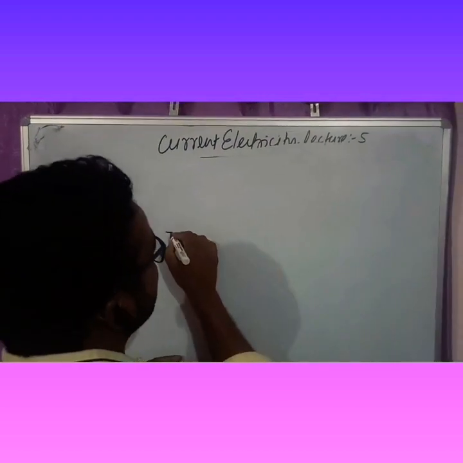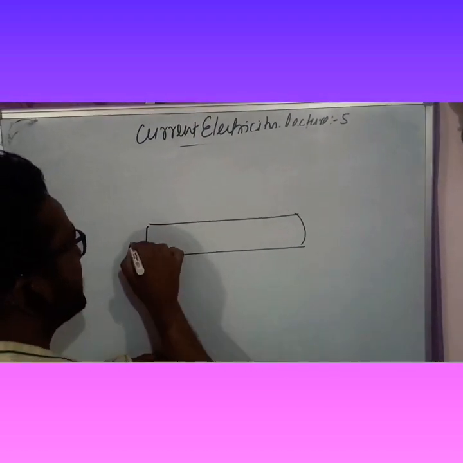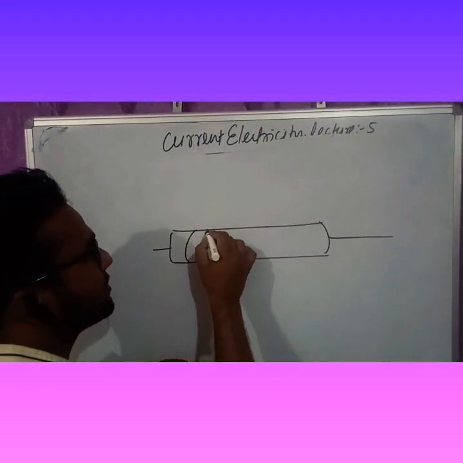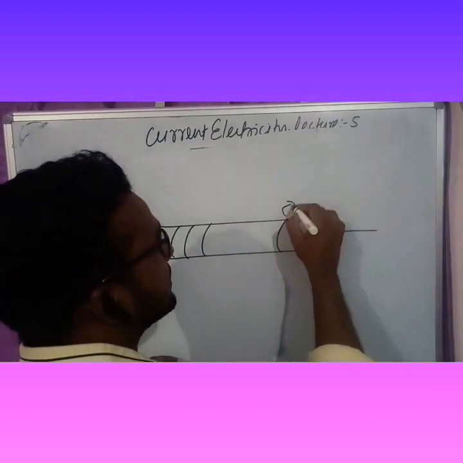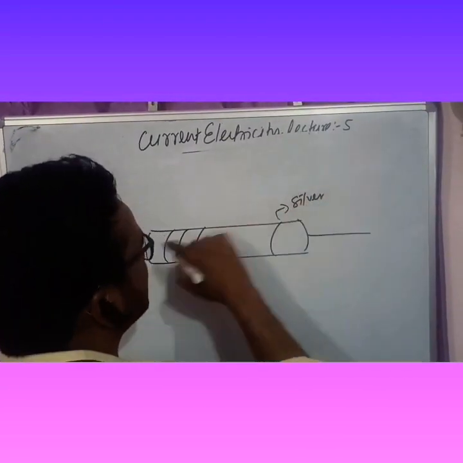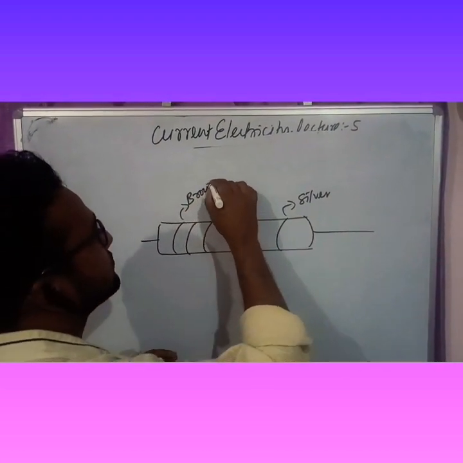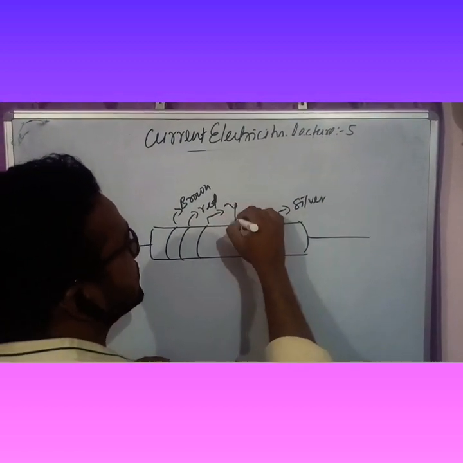Suppose that here is a carbon resistor, and some colors are given. Suppose this one is silver, this one is brown, this one is red, this one is yellow.